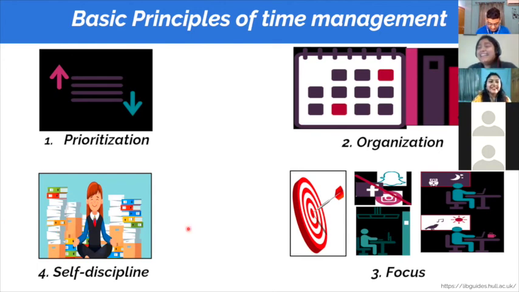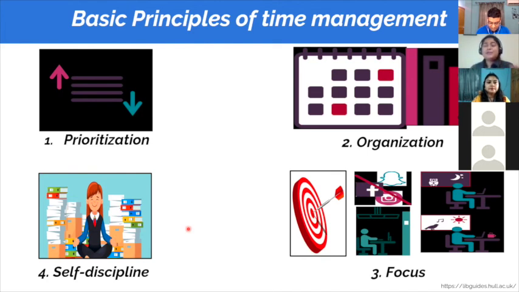And the fourth principle is self-discipline. So why self-discipline? Because just one slide before I said procrastination, right? Delaying your work till the last minute. And we all procrastinate. Everybody procrastinates, okay? But try not to do it.